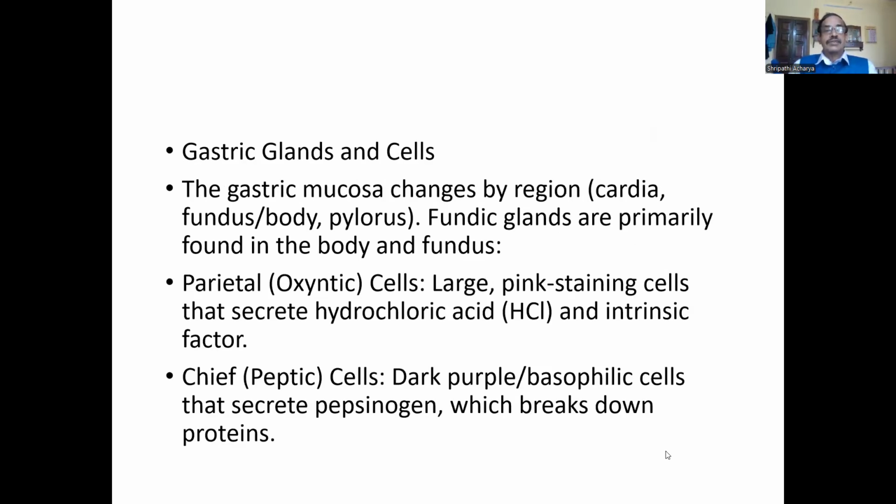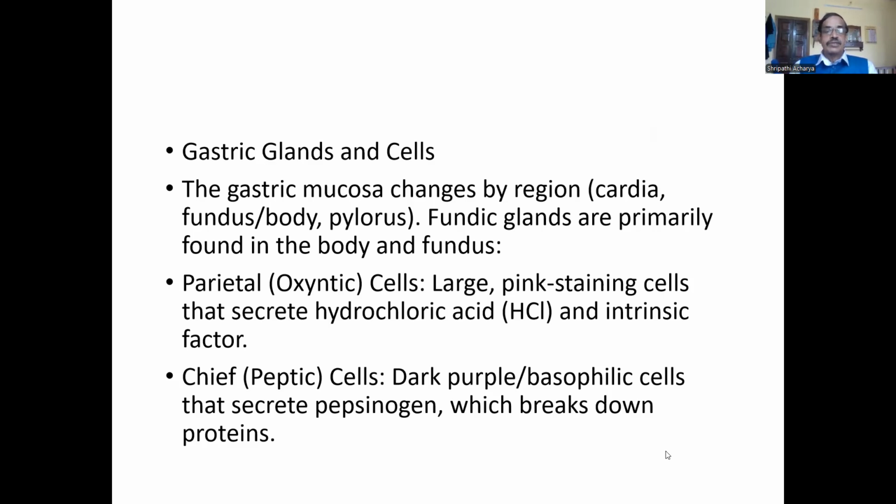Gastric glands and cells. The gastric mucosa changes by region: cardia, fundus or body, and pylorus. Fundic glands are primarily found in the body and fundus. Parietal or oxyntic cells, large pink staining cells that secrete hydrochloric acid and intrinsic factor.